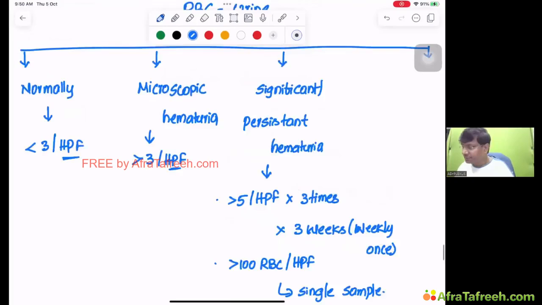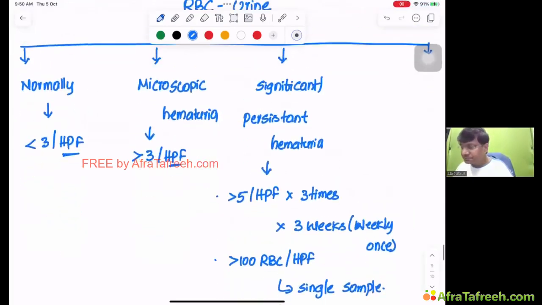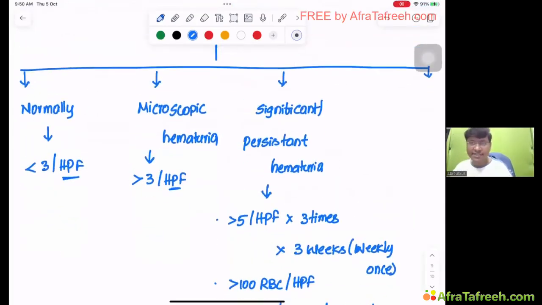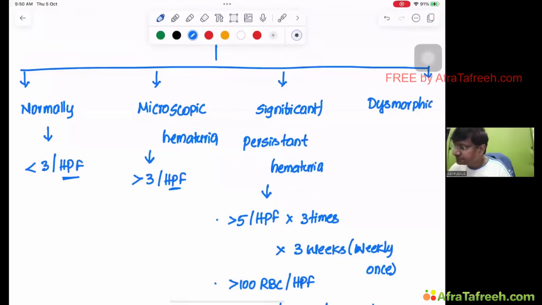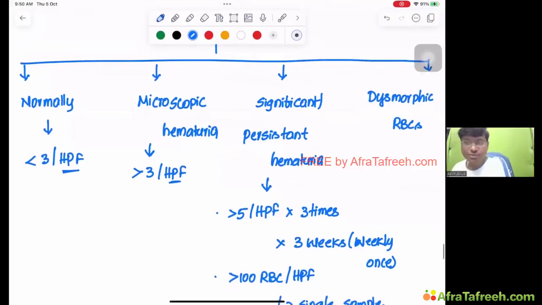Right? Now, the next point is, if the RBC in the urine sample is dysmorphic, right? Dysmorphic RBC means the biconcave shaped RBC has changed its shape.